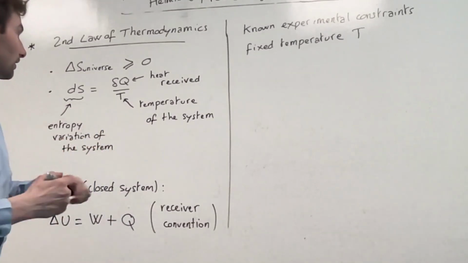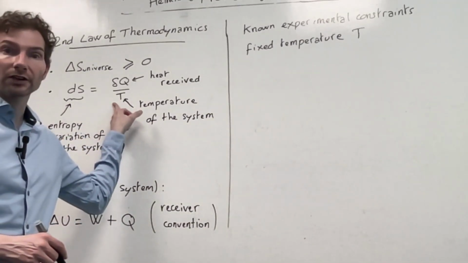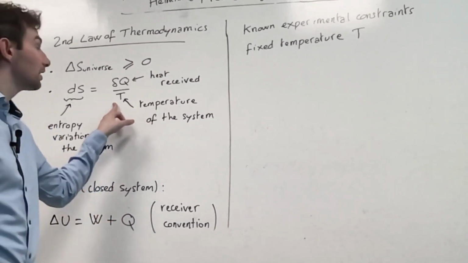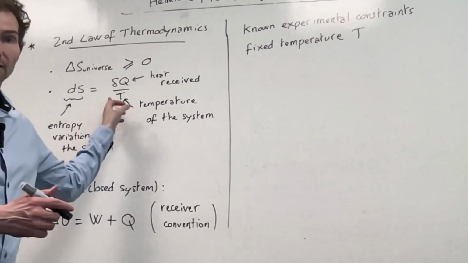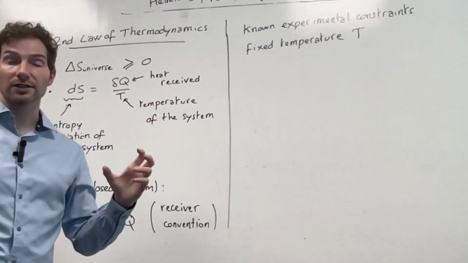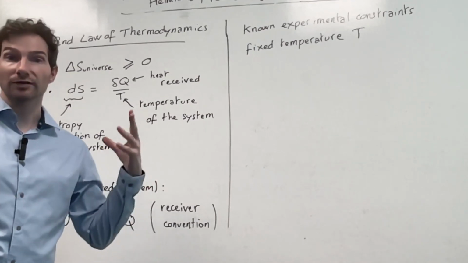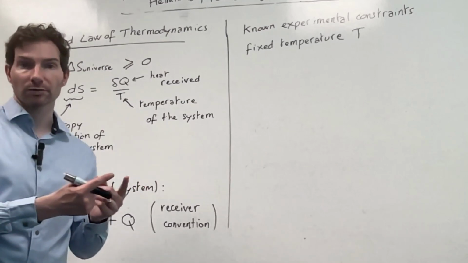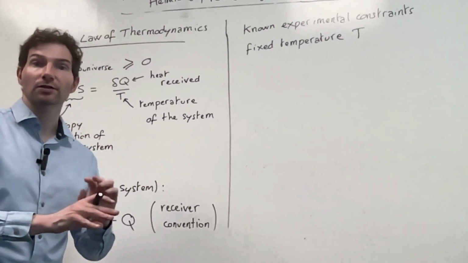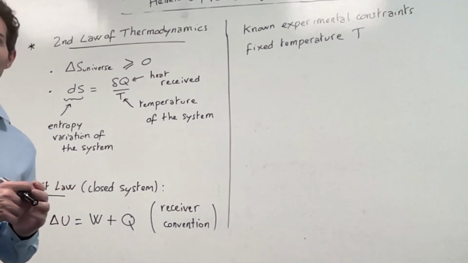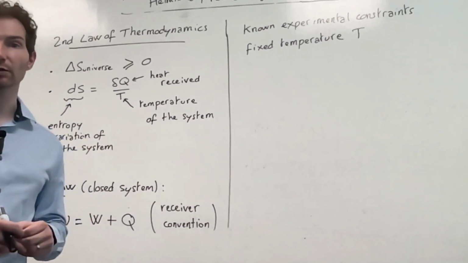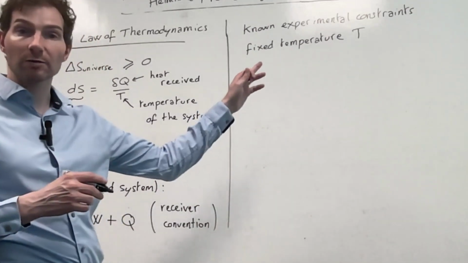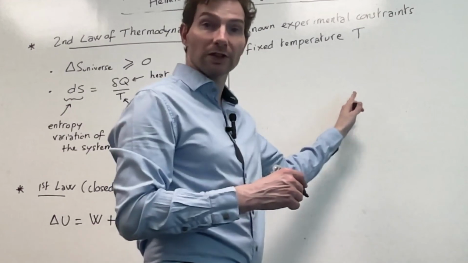And in fact, in the video I showed for the Carathéodory axiomatic version of temperature and entropy, T here is the function that represents this notion of absolute temperature, which is itself a function of the experimental temperature, and only that. It's not a function of anything else but the experimental temperature. And that's the beauty of the work of Carathéodory. Anyway, so moving on. T here is the absolute temperature, and we assume that to be fixed.